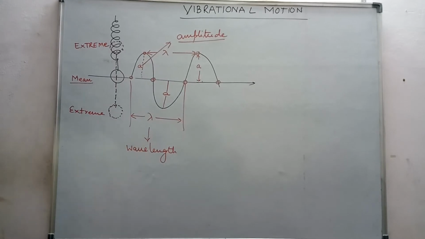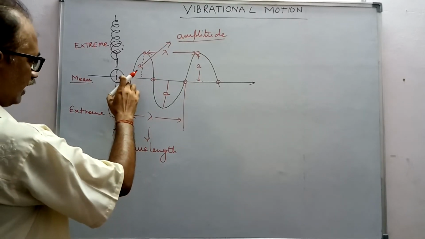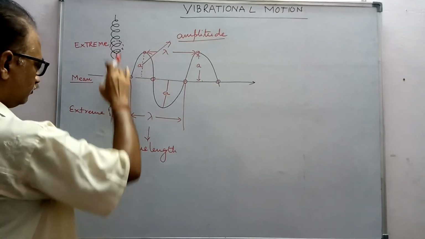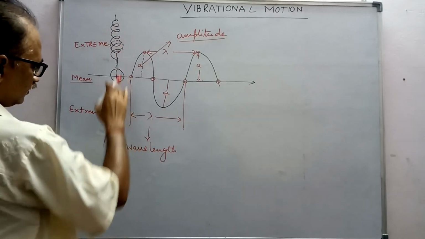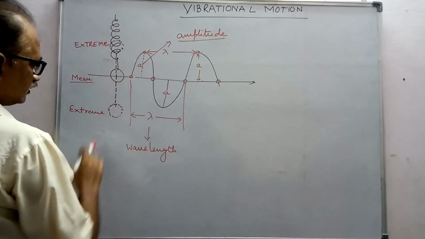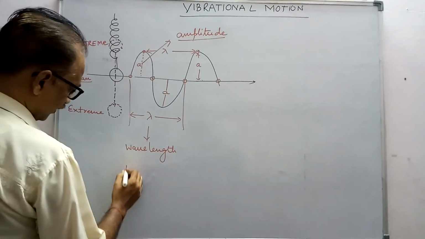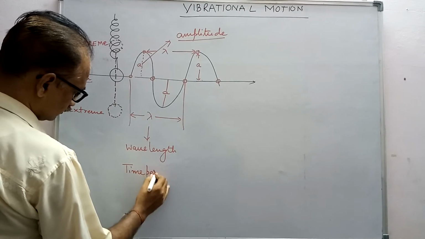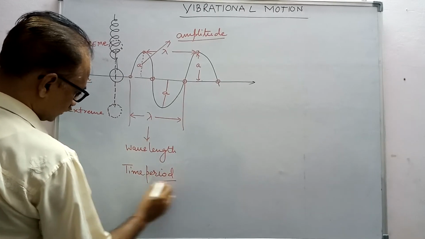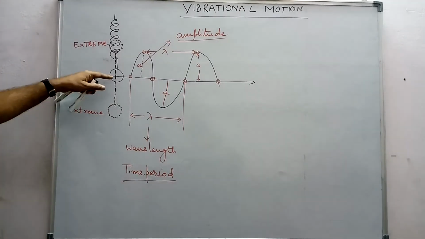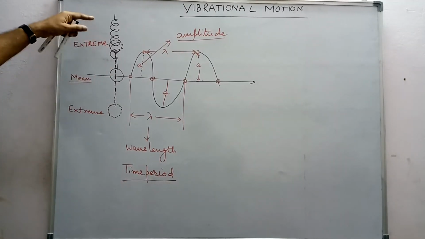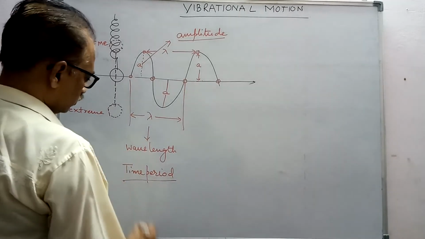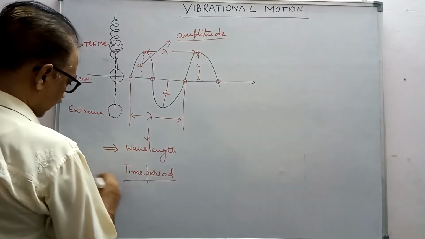Now, the time taken by this object to move up and down, one above and then below and then again back here, that is called the time period. The time taken by the ball to go up and then come down, then again up, then come down, that time is called the time period. So this is the wavelength and this is the time period.